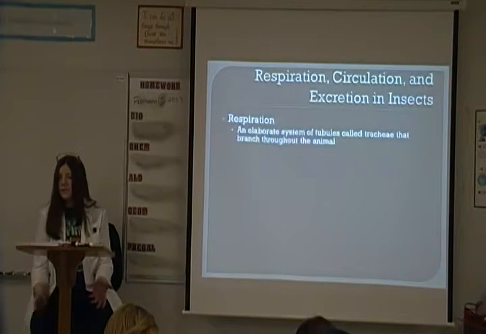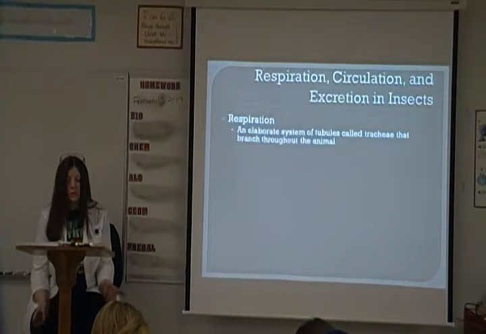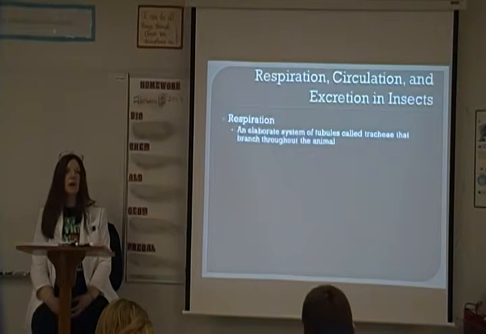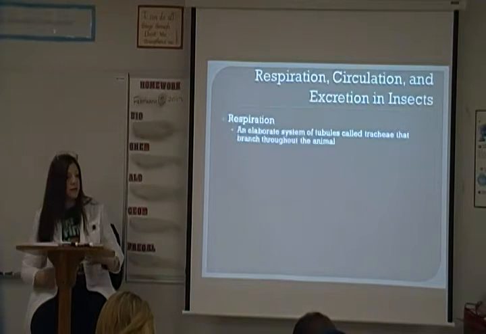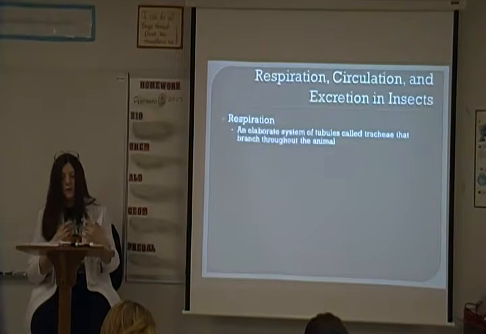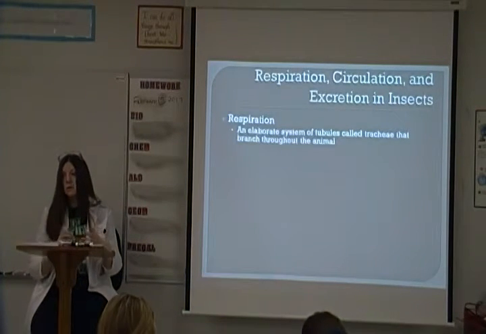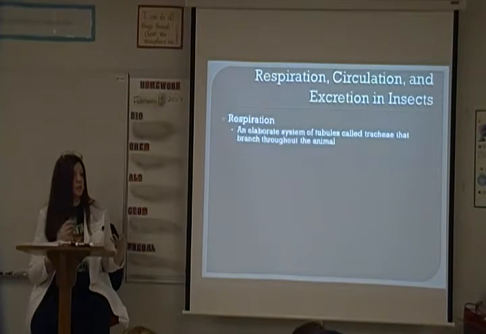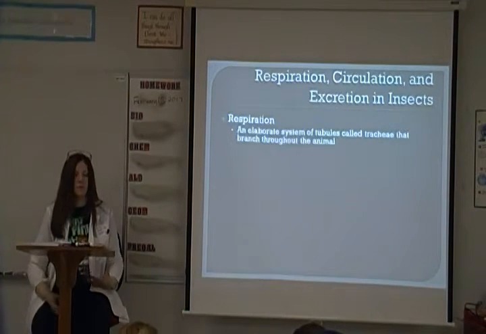It's quite complete. Oxygen is transported without using the circulatory system. They don't need the blood in the circulatory system, and the blood does not transport oxygen to the body parts. It's this system of tubules that transports the oxygen. It's a very efficient system.